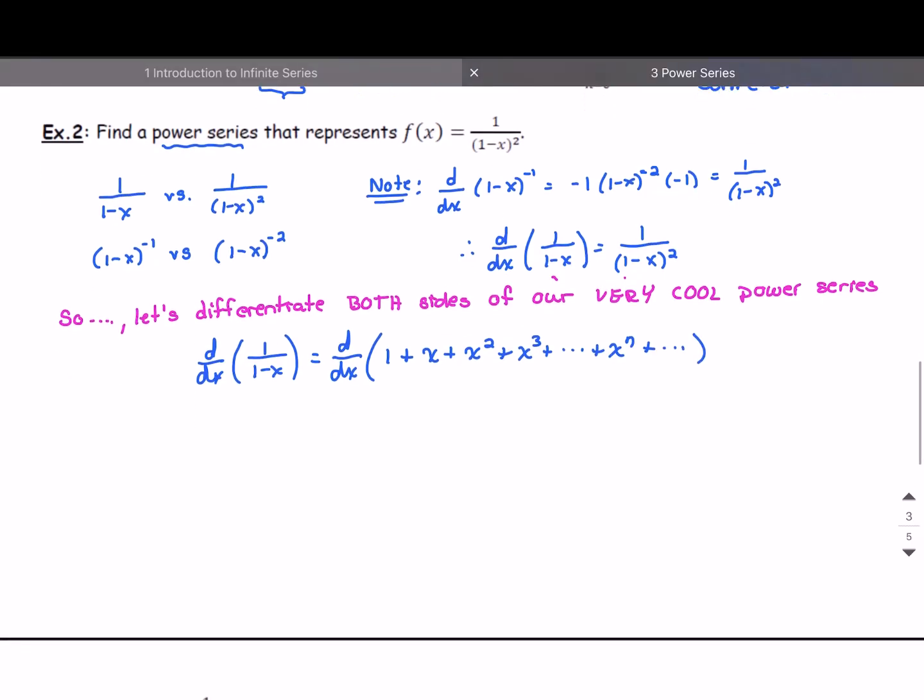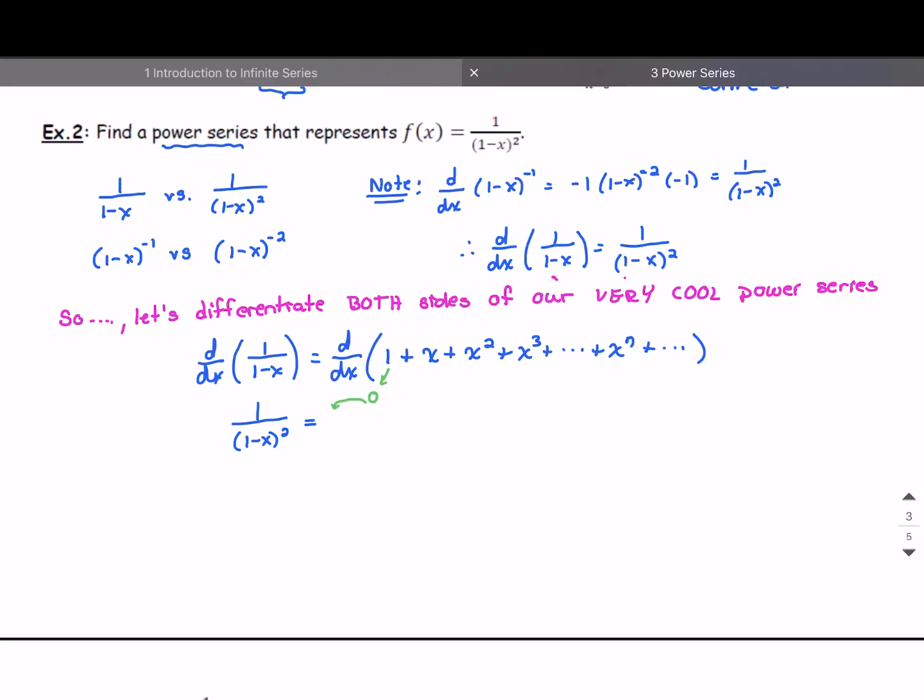Okay. So if we take the derivative on the left-hand side, we already did that work, and we know it's 1 over the quantity 1 minus x squared. Now, if we do the derivative on the other side, the derivative of 1 is 0. I don't really need that, do I? Not really. I don't need to write 0 plus.